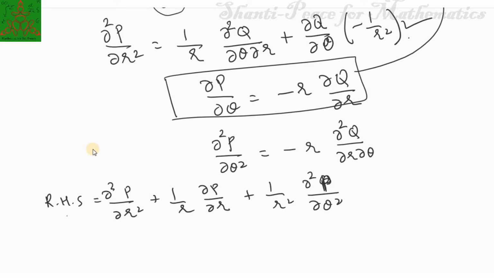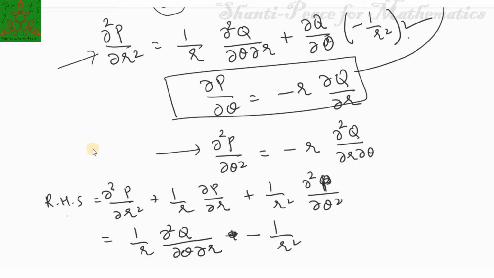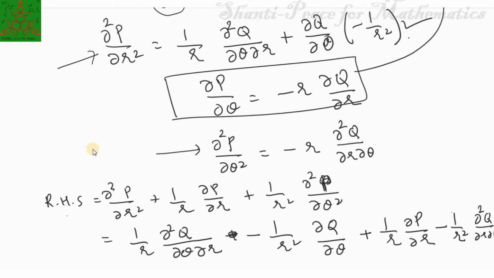Now let us substitute these two values which we have calculated. The first one is this, the second one is this. Substitute them. So that is 1 upon r del square q by del theta del r plus minus 1 upon r square del q by del theta plus 1 upon r del p by del r plus minus, because del square p by del r square is minus 1 upon r square del square q by del r del theta, into r is there, so 1 r is cancelled out.